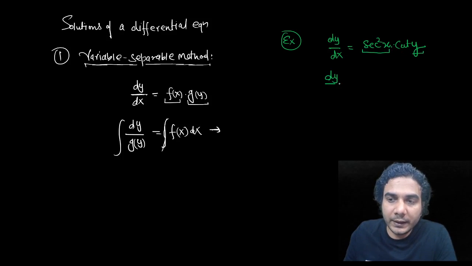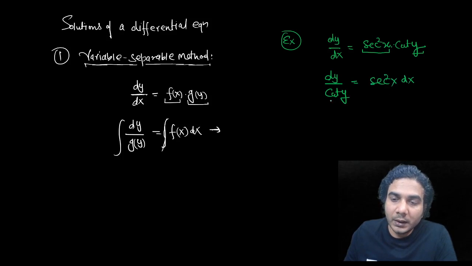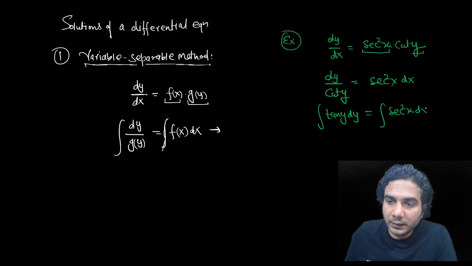Dy, you need to write dy upon cot y. Okay, separate this function of y, and sec square x, you can write with dx. Now you can write this as tan of y dy. Okay, integrate it and integrate this sec square x with respect to x.